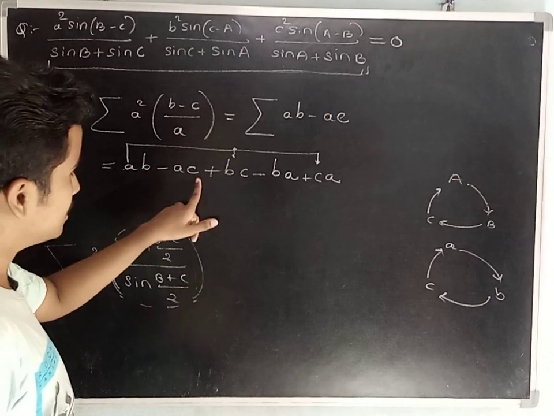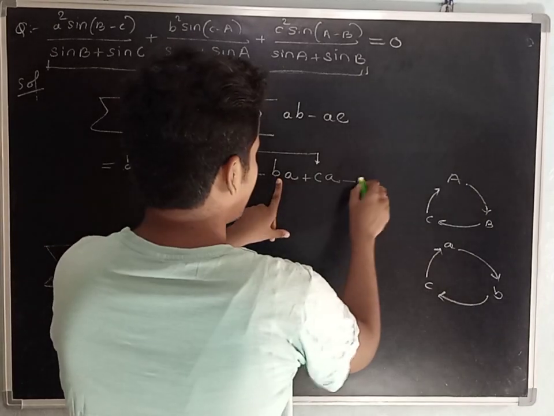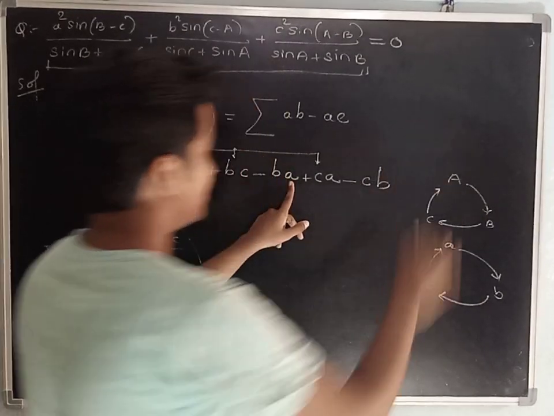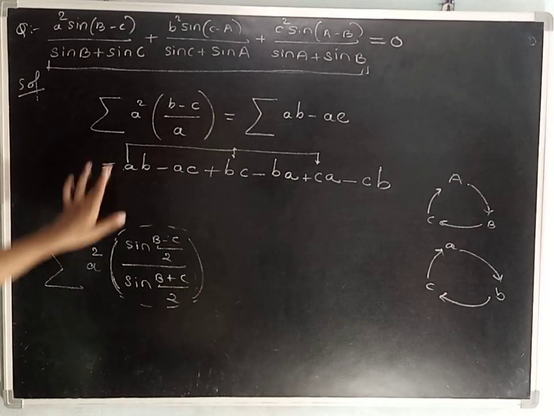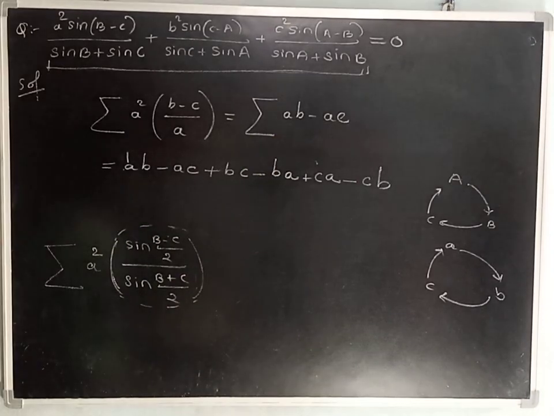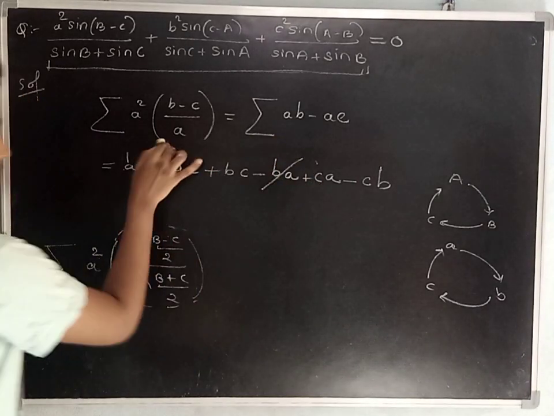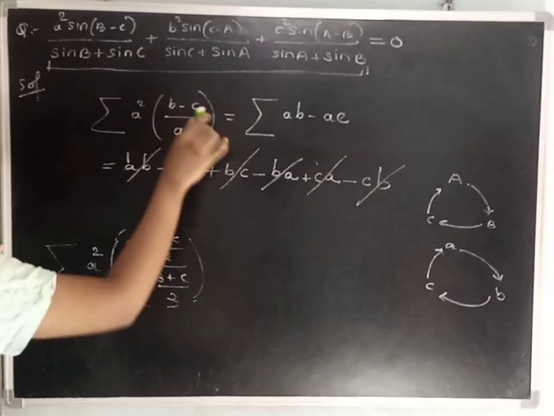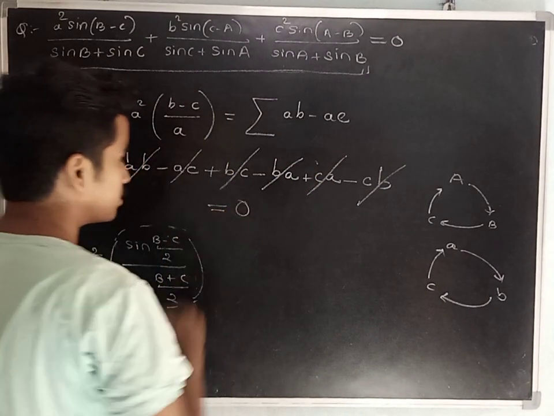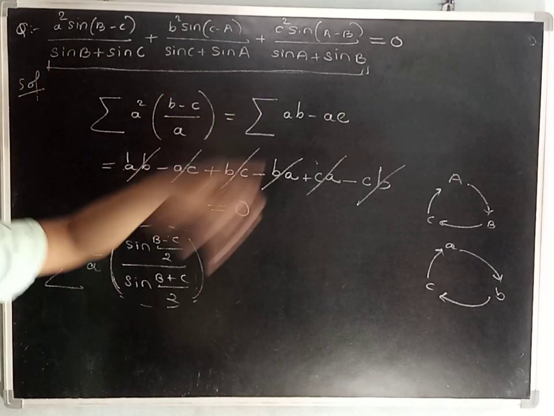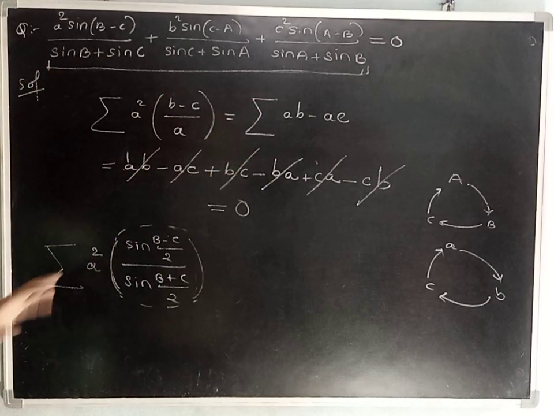Next similarly, a, c, a after b, b after c: c, a, b. Here ab gets cancelled, bc gets cancelled, ac and ac get cancelled. Finally, I am going to get 0. This is how we can prove this relation. This is the first method that I have explained.